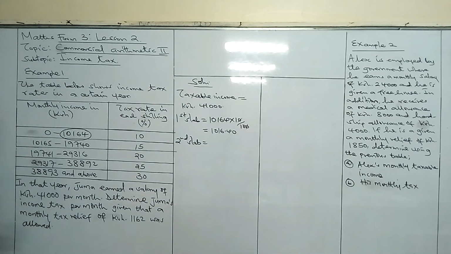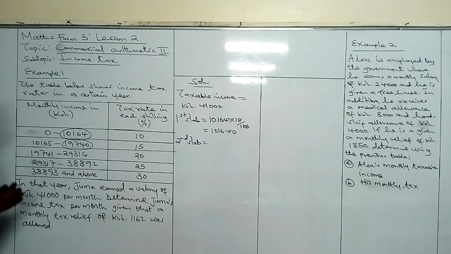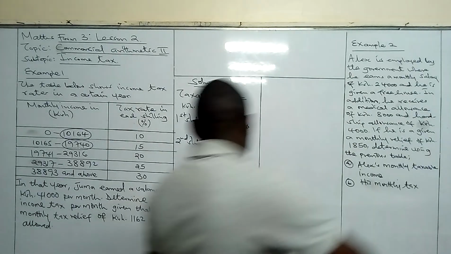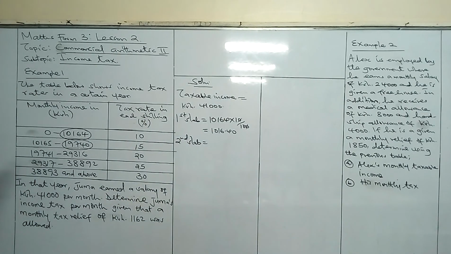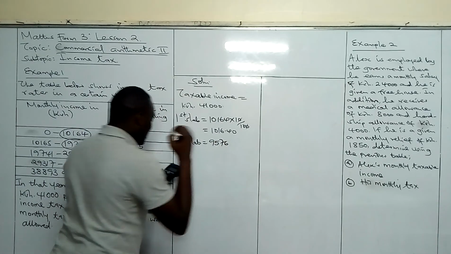So in second slab, now there's something unique we should do. We cannot use 19,740. Instead, we subtract the previous amount. So we will take 19,740, we subtract 10,164. So using my calculator, I will dial 19,740 minus 10,164, which gives me 9,576.